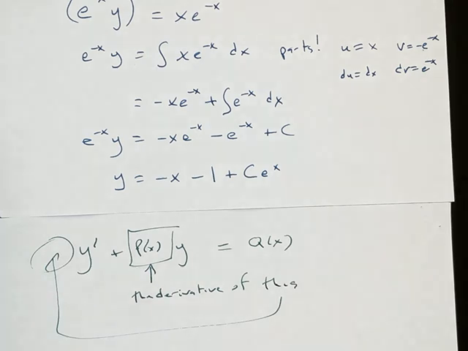All right, wait a minute. But that means that this derivative, in this middle term, has to have the same thing that I multiply by in that circle over there on the left.